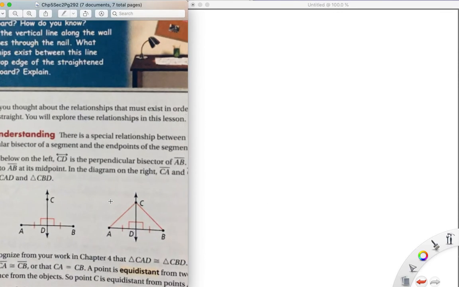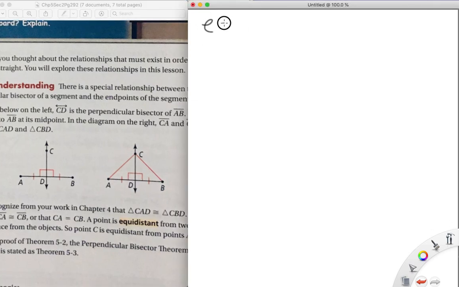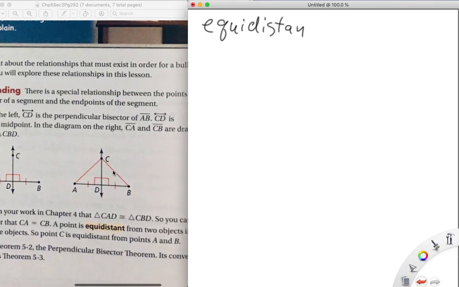First term we're going to talk about is equidistant. We have a line, A and B. We have a guy in the middle, D, such that the two distances are the same.